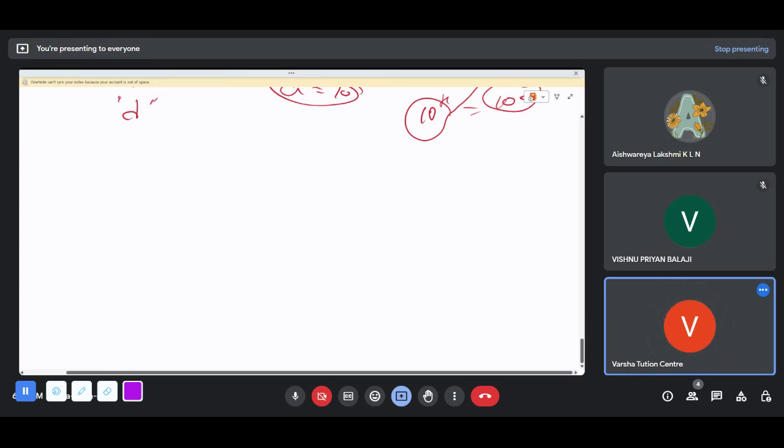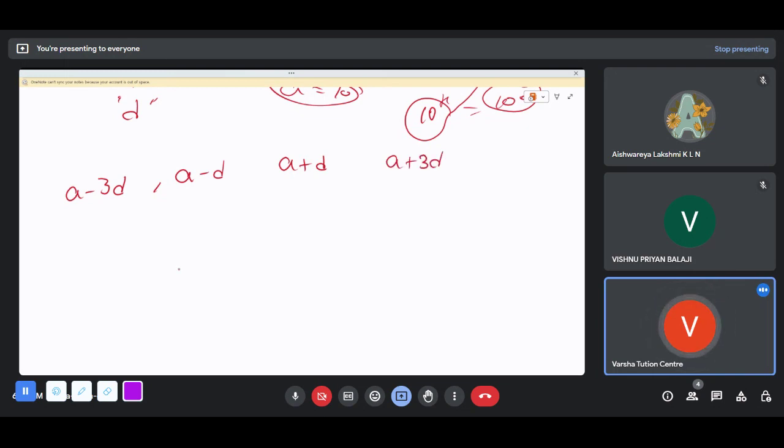Now if we take four terms only, what to do, sir? A minus 3D you take. Very good. And A minus D, A plus D, A plus 3D. What is the common difference here? 2D.